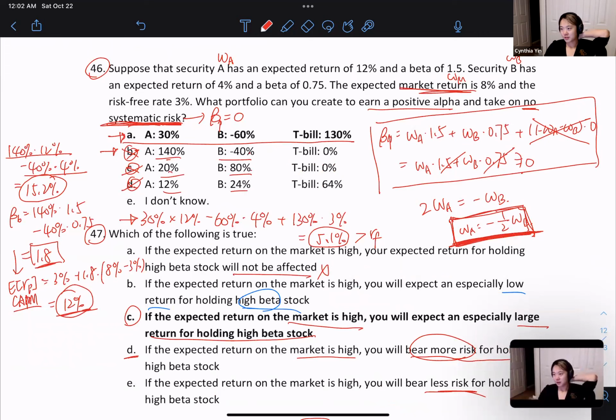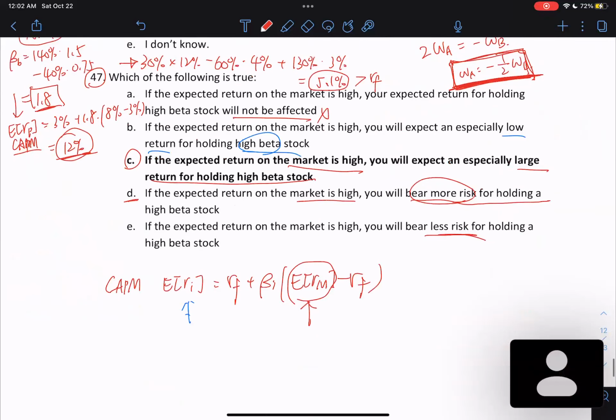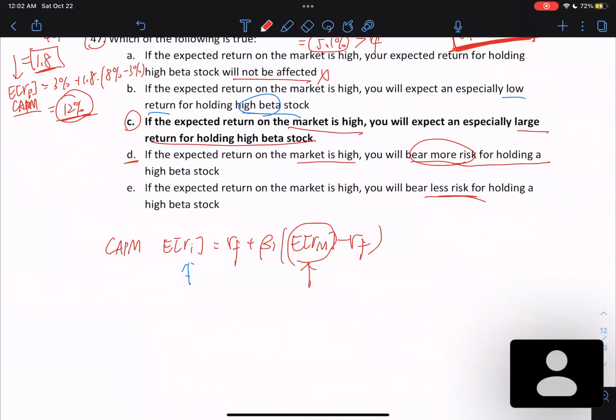Yurian, do you have other questions? I am a little confused when you said the risk is only related to beta. Where are you confused? Hold on, let me think about it a little.